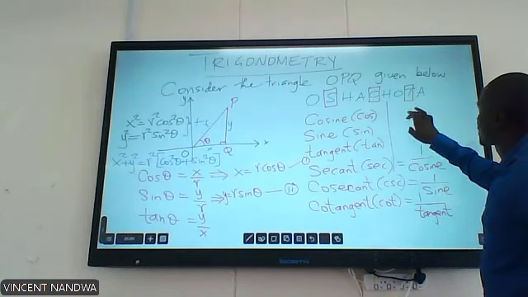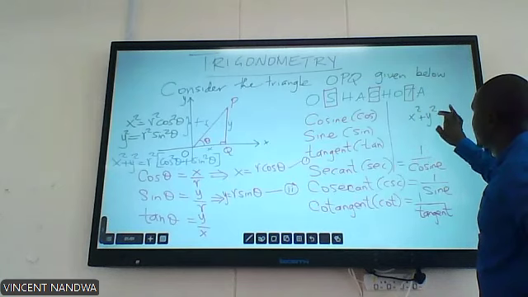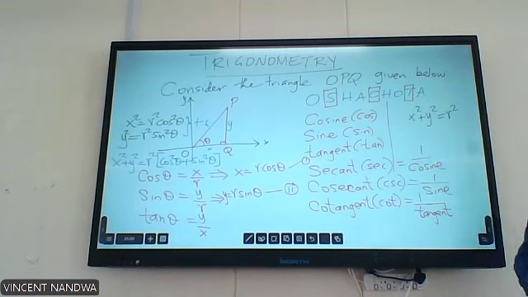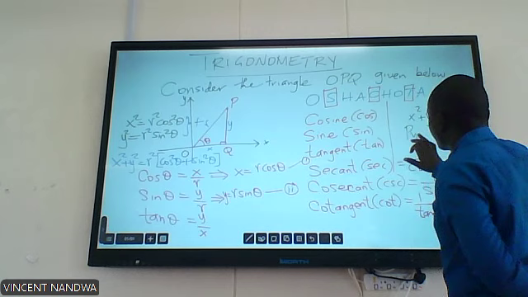So x squared plus y squared is r squared. This is by Pythagorean theorem.